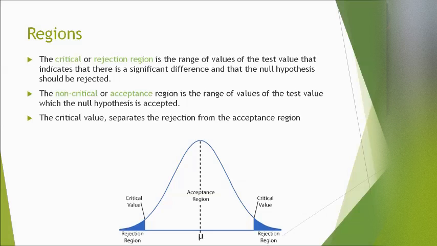The non-critical or acceptance region is the range of values of the test value for which the null hypothesis is accepted. The critical value separates the rejection from the acceptance region. As you can see in the chart, those in blue are the values that fall into the critical region.